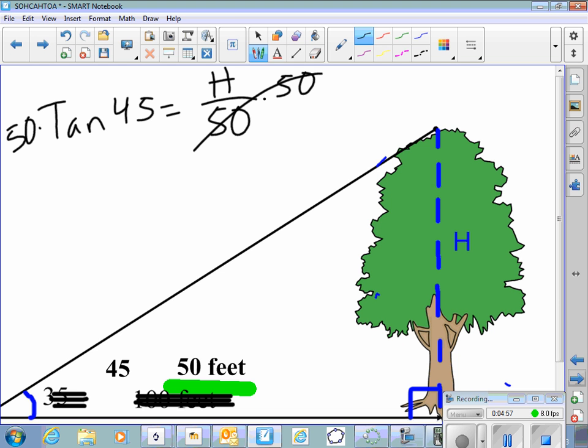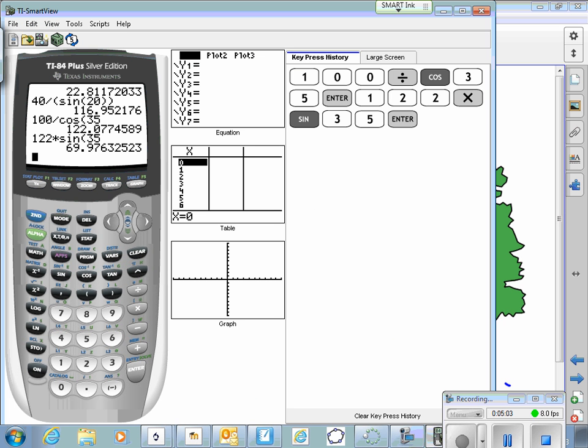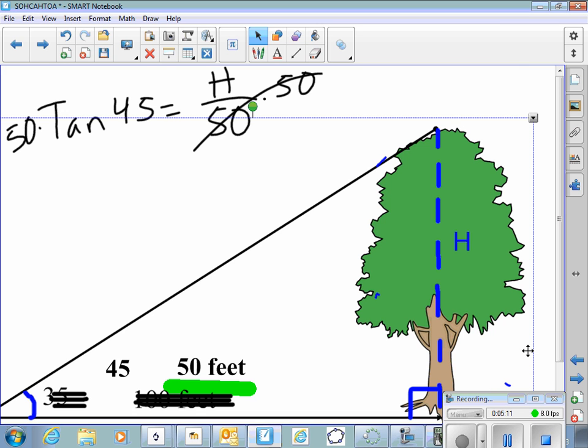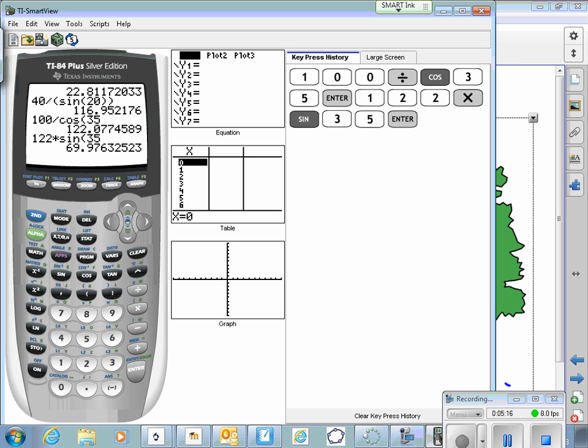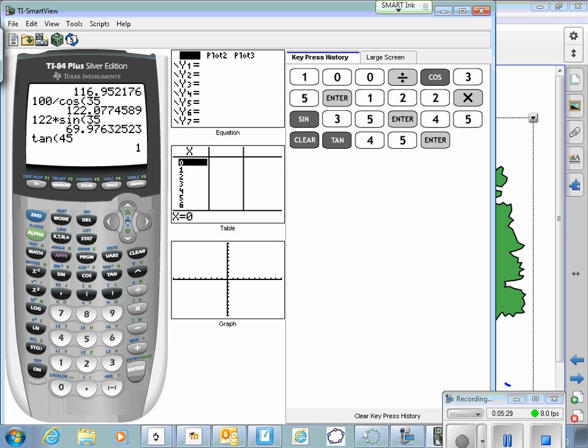So h equals 50 times the tangent of 45. So on a calculator, tangent of 45 times 50 equals 50.